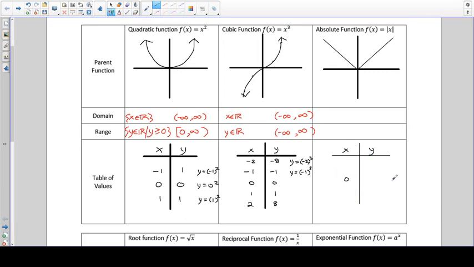So when we plug a 0 into the absolute function, we get 0. When we plug a positive number like 1 into the absolute function, we get a positive number back. And when we plug in any negative numbers into the absolute function, we also get a positive value back. Okay, which explains the V shape over here.